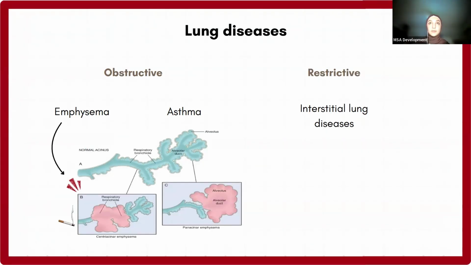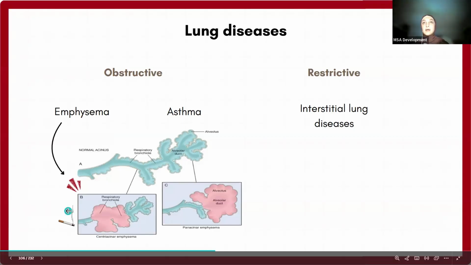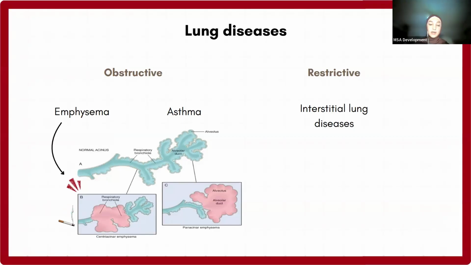Centroacinar is associated with smoking and or inhaled toxins, and its main mechanism is inflammation. Because it's associated with smoking, just think about it: air goes up, so it affects the upper lobes. That's it for centroacinar emphysema.